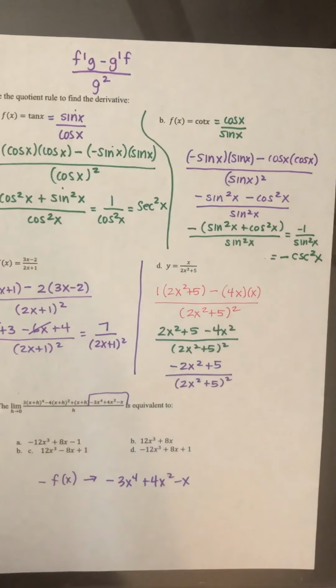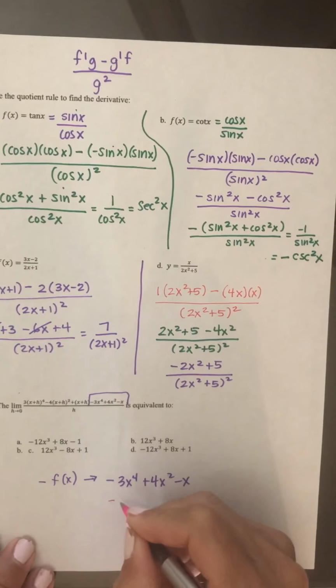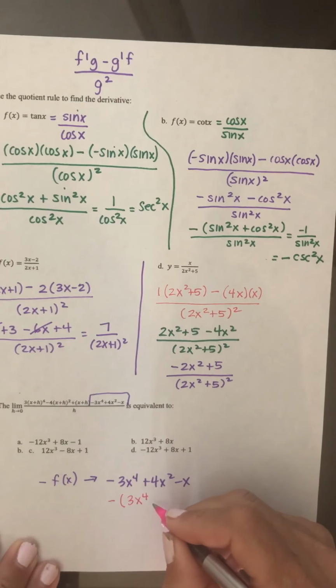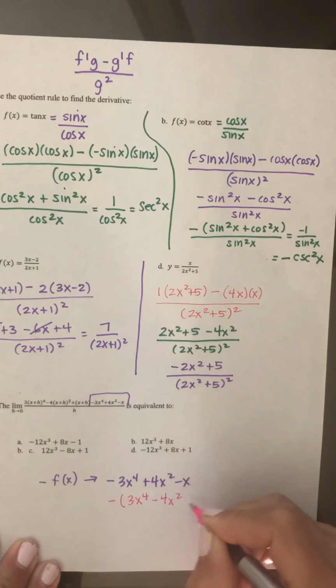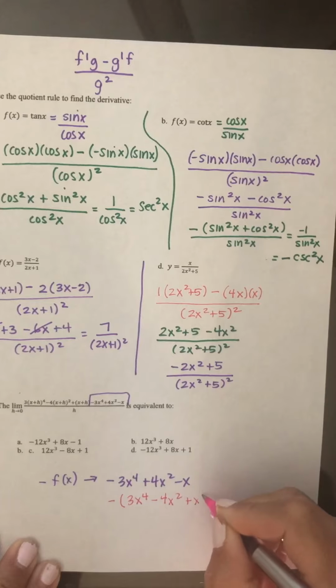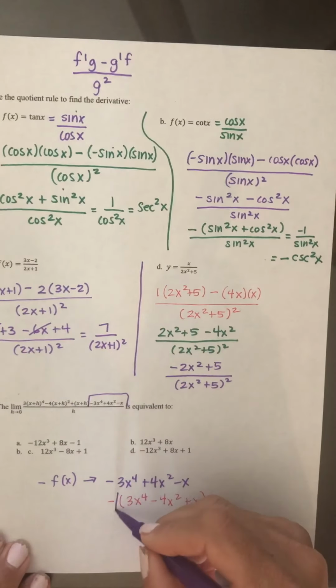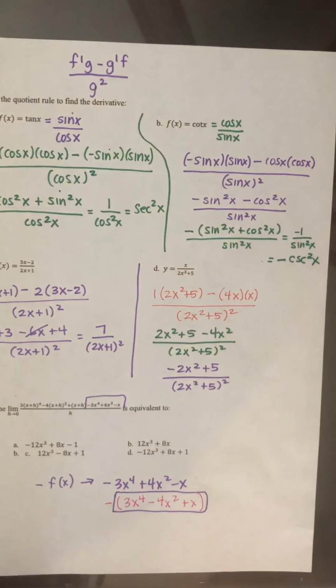So what you can do here, this is kind of a neat problem. Take out the negative, leaves you with 3x to the fourth minus 4x squared plus x. All right, so this guy here is your function. And they want to know what the derivative is.